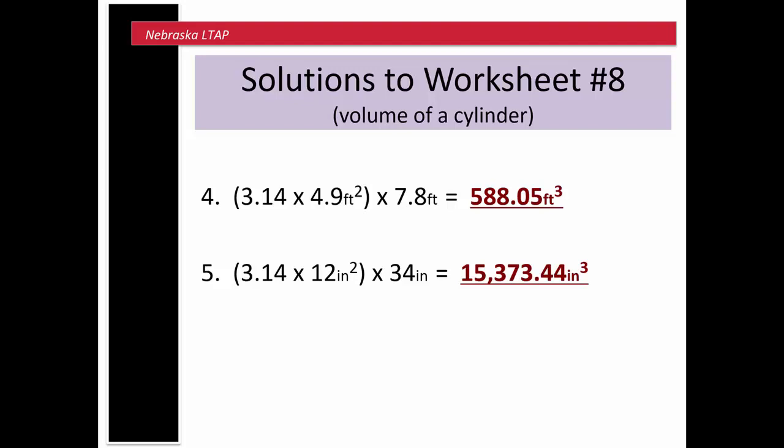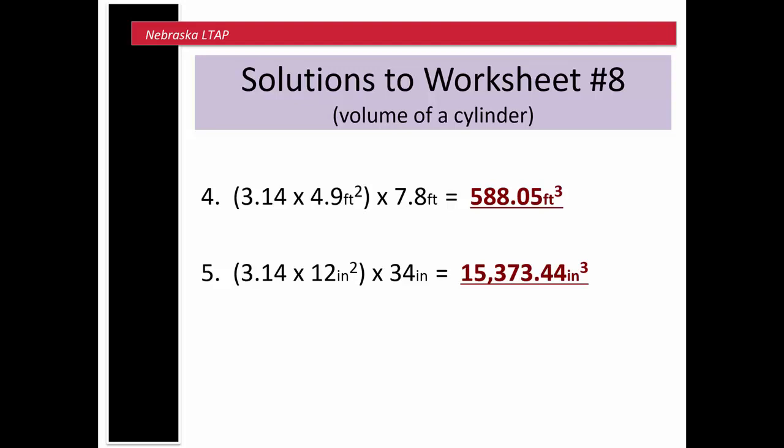Okay, so for problems number 4 and 5, we've got pi in there for each one of those, 3.14. We've got the radius of 4.9 feet, and that should just be feet, not square feet there, for the radius of that circle for the cylinder.